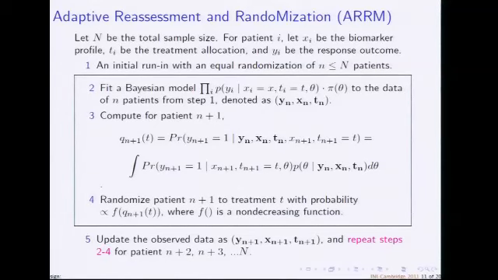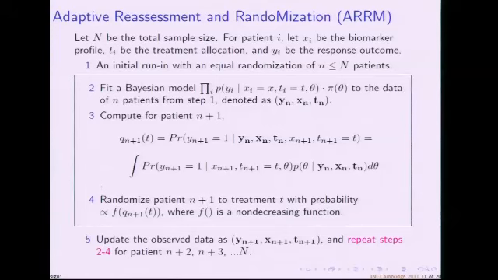For patient n plus 1, we would compute a posterior predicted probability, q n plus 1 t, and that's essentially the probability of the next patient, which is the n plus 1 patient, having a response given the observed data from the running period, the observed protein expression profile for the n plus 1 patient, and the proposed treatment allocation.